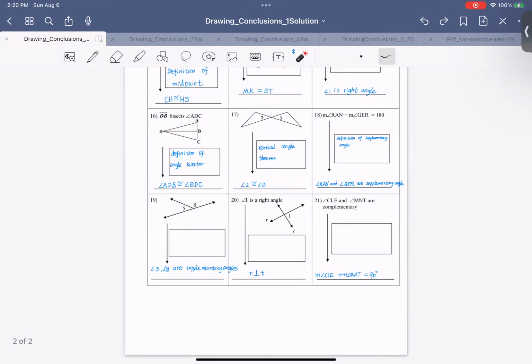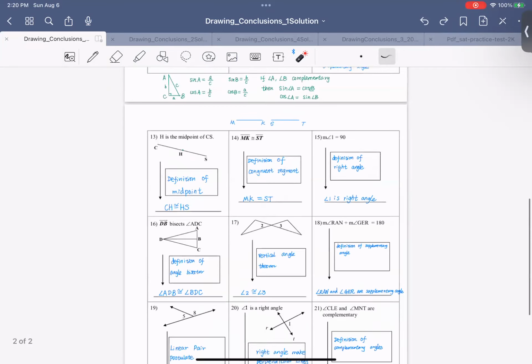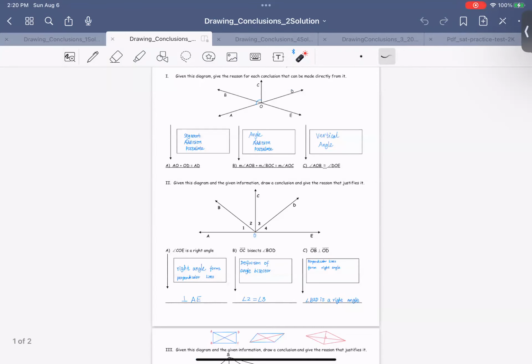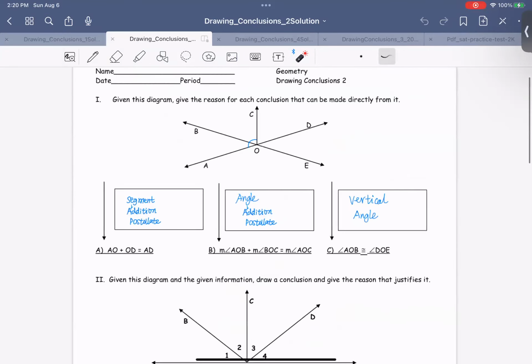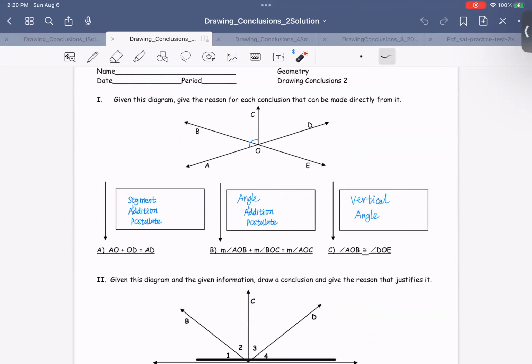Next one, let's go ahead to the next second one. So in this graph, you have the BE cross with AD, and you have a line OC, like this direction. So for this guy here, they said, okay, AO plus OD equals AD.